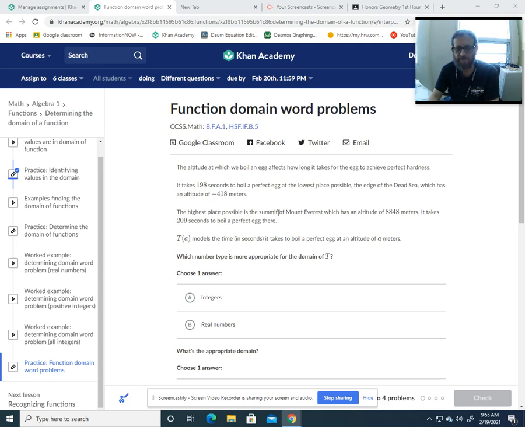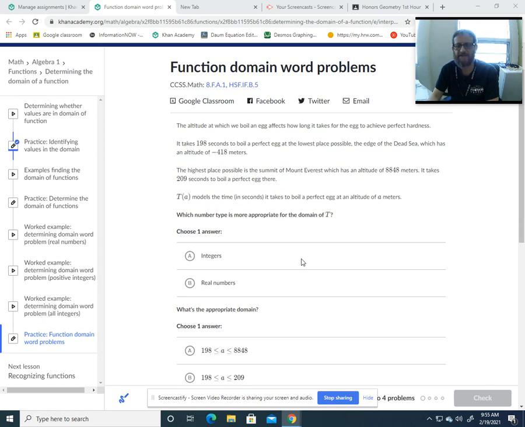The highest place possible is the summit of Mount Everest, which has an altitude of 8,848 meters. It takes 209 seconds to boil a perfect egg there. T models the time in seconds it takes to boil a perfect egg at an altitude of 80 meters. What number type is most appropriate for the domain of T?